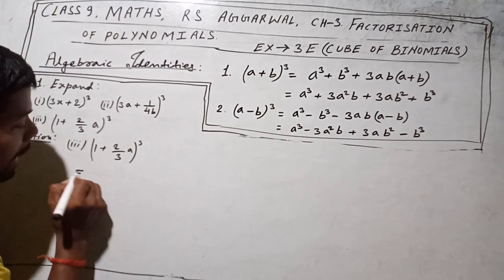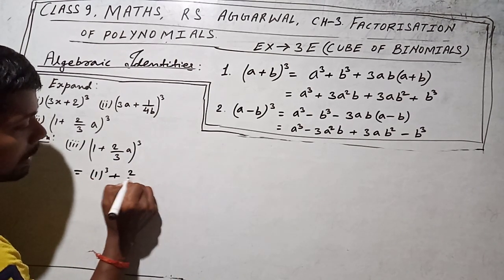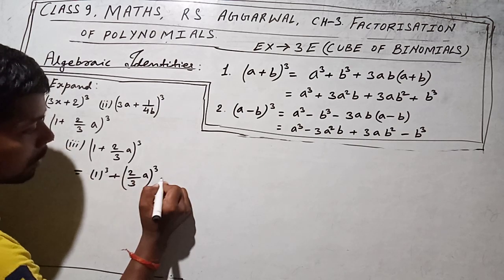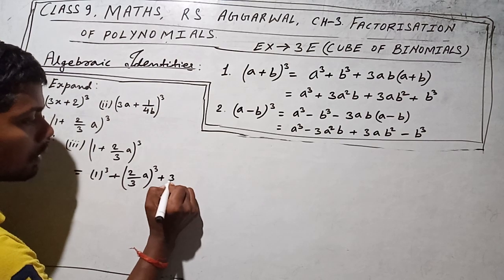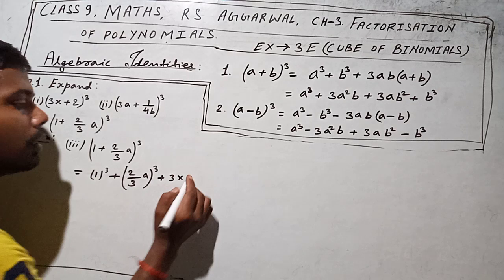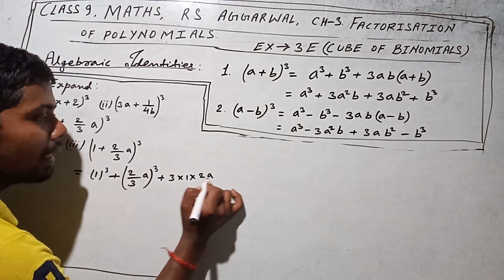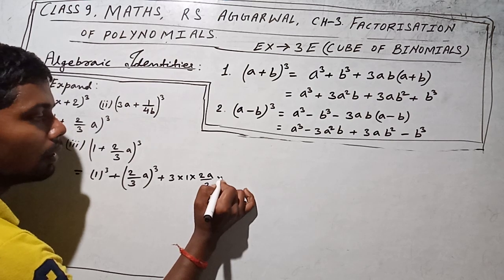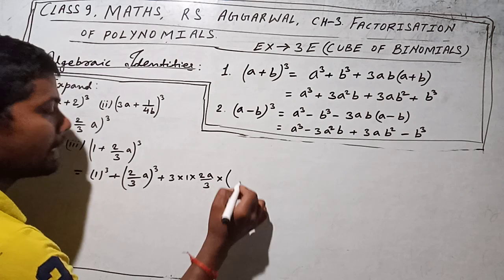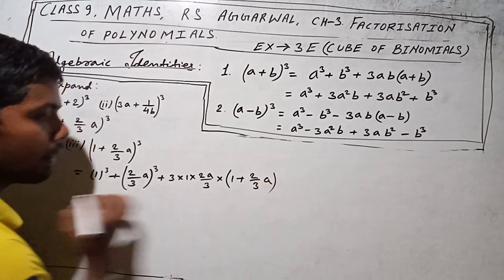If we expand, we get 1 cubed plus (2a by 3) whole cubed plus 3ab, meaning 3 into 1 into 2a by 3, into (a plus b), meaning the whole binomial is written here, 1 plus 2a by 3.